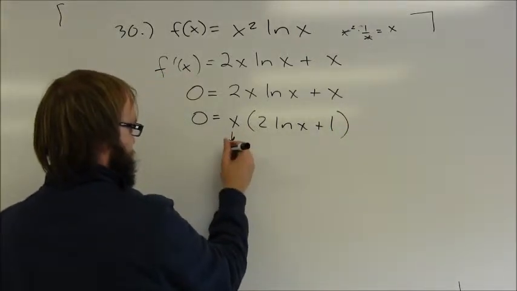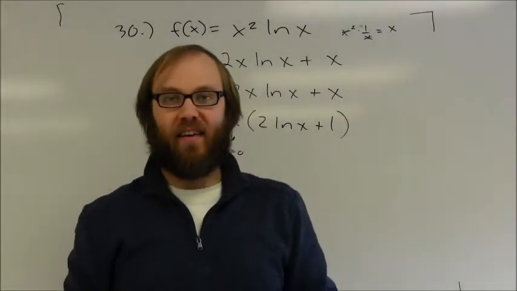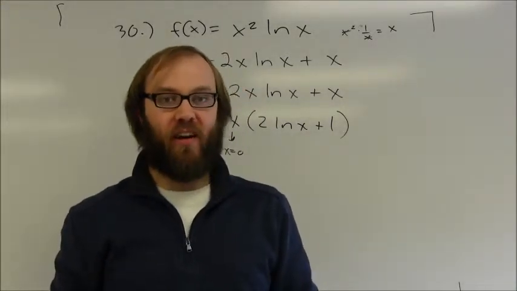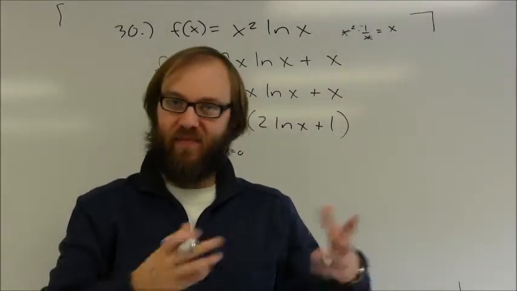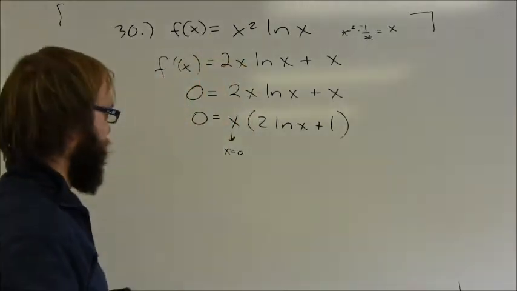So either x is equal to 0, and actually that's one of the places that the natural log function is undefined as well. It's defined only for values greater than 0, so that covers that as well.